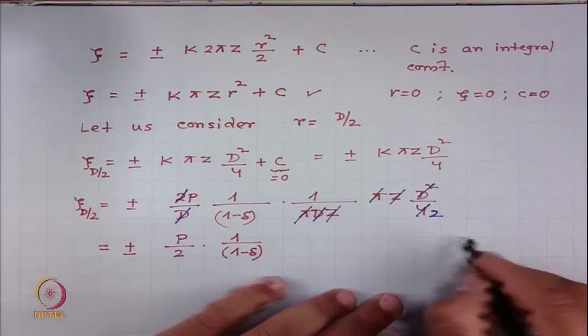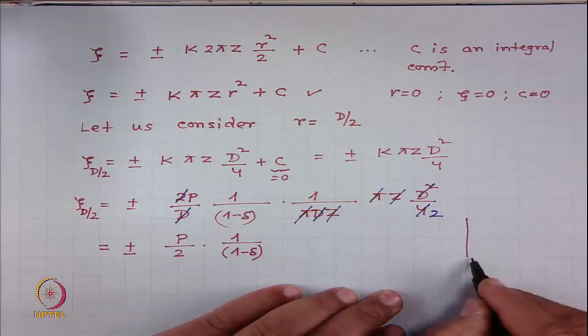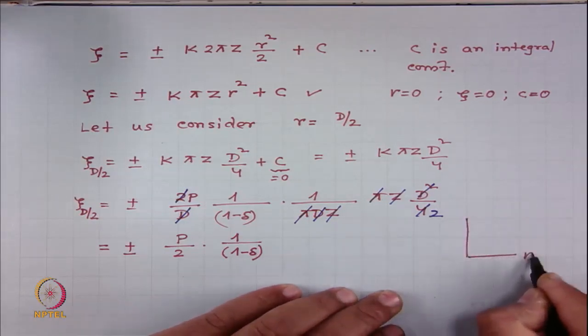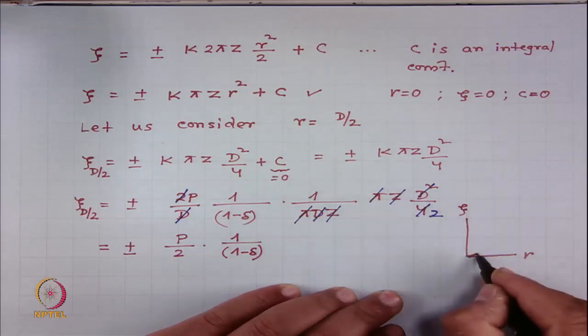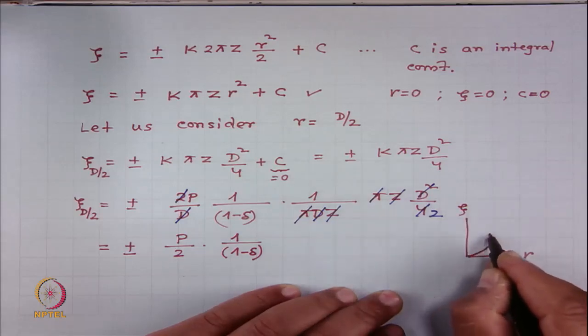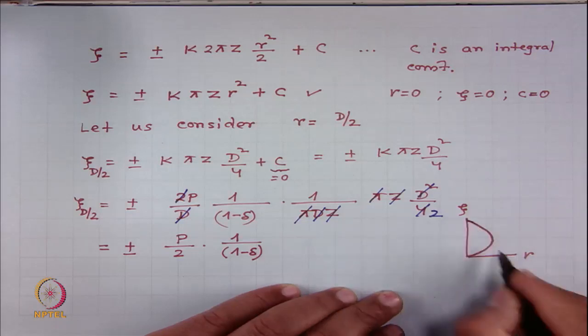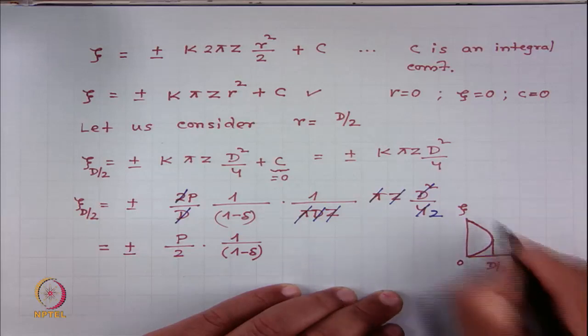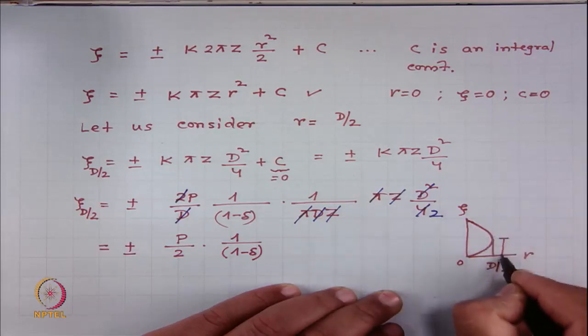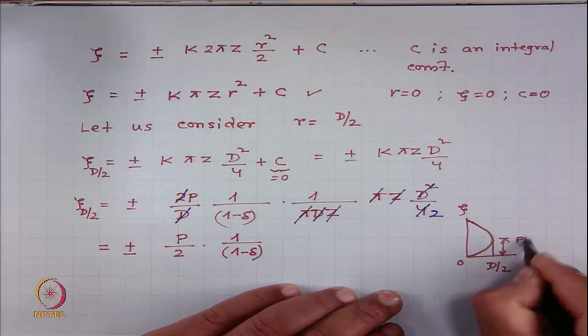Why? Because if this is r, this is zeta, and if this is your d by 2, then this distance is p by 2.